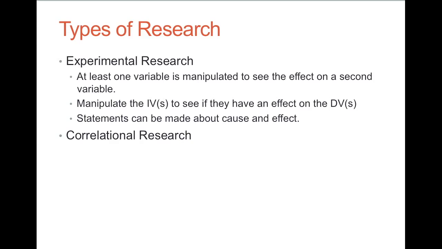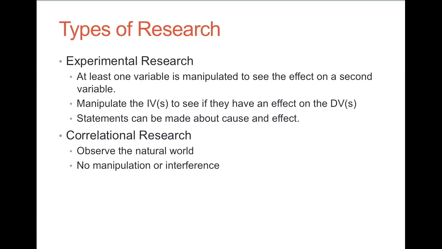In correlational research, these observations are typically made about the natural world, and there is no manipulation or interference, so you cannot make assumptions about cause and effect in those cases.